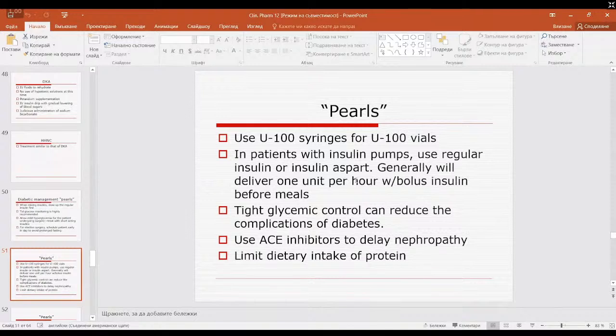And these pumps are actually very helpful in the treatment of diabetes. Tight glycemic control is very important in order to reduce the complications of diabetes, and also the usage of ACE inhibitors. If you remember, in patients with diabetes, we prefer to use ACE inhibitors, especially if they have arterial hypertension, in order to delay diabetic nephropathy.